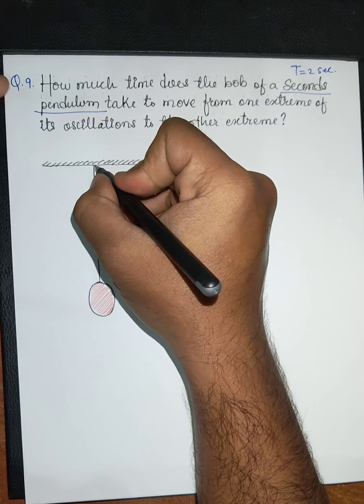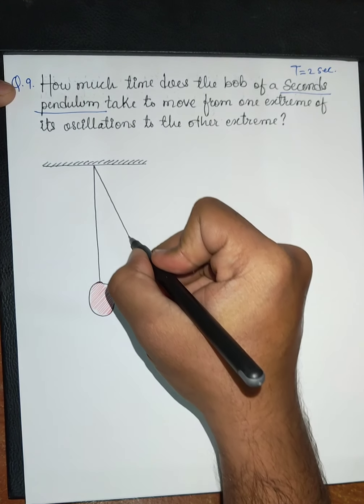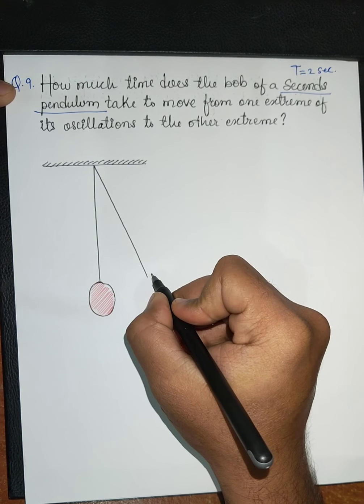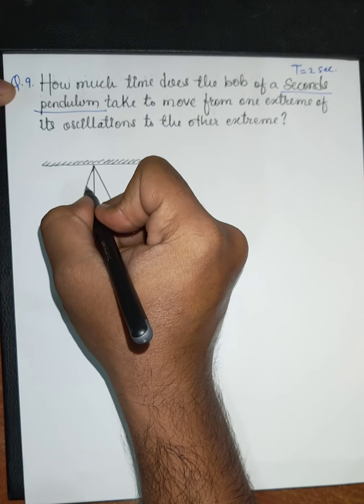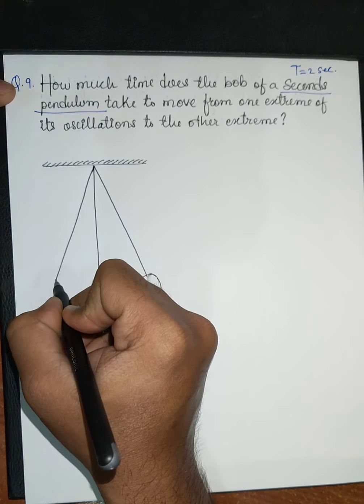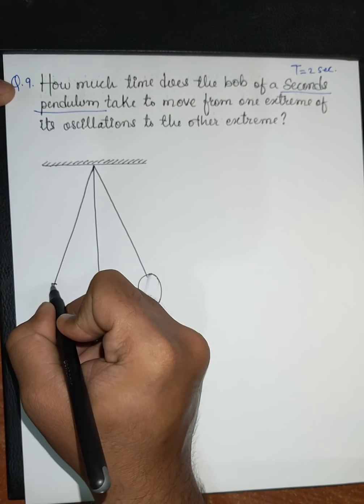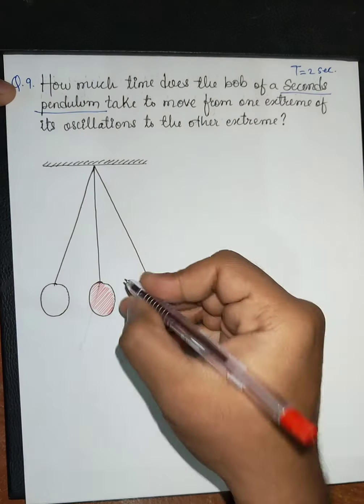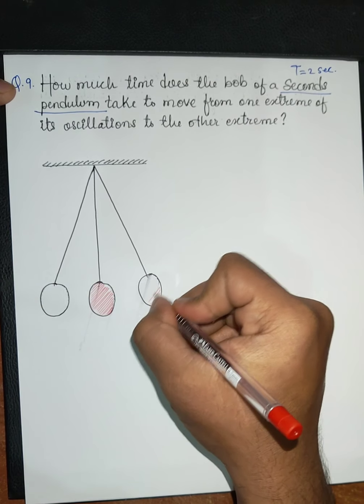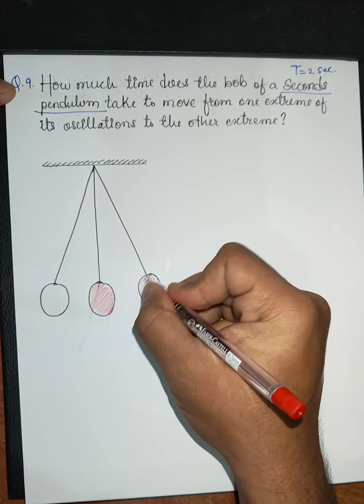It is told that it is moving from one extreme position to another extreme position, so we have to draw two extreme positions as well. So let's say these are the two extreme positions. Sorry for the bad diagram.